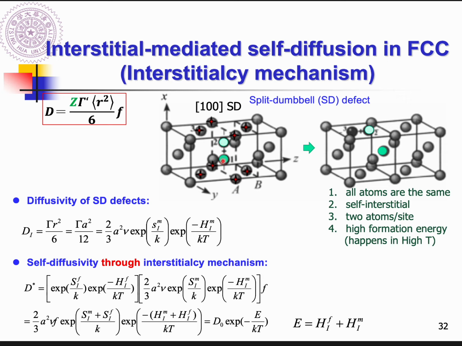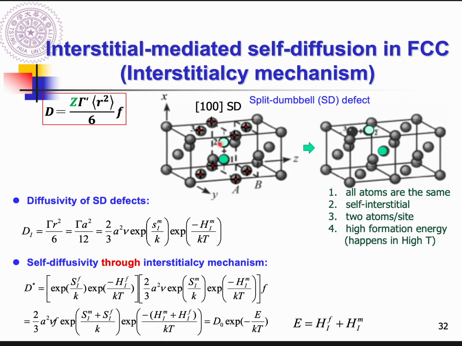And the bottom atom also has 4 possible jumping locations, 1, 2, 3, 4, because this location is below the lattice point. So 4 plus 4, we get 8 in total.